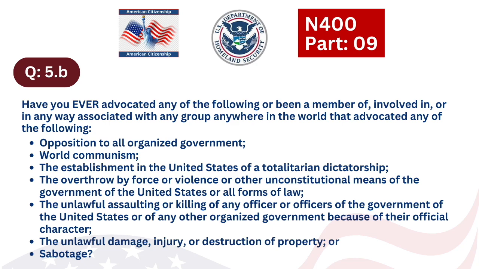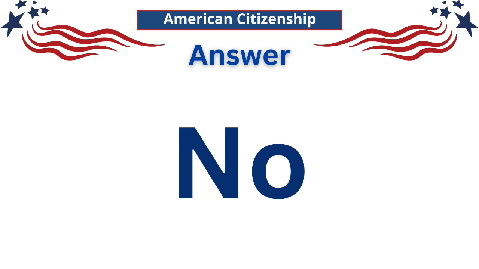The unlawful assaulting or killing of any officer or officers of the government of the United States, or of any other organized government, because of their official character. The unlawful damage, injury, or destruction of property, or sabotage. No.